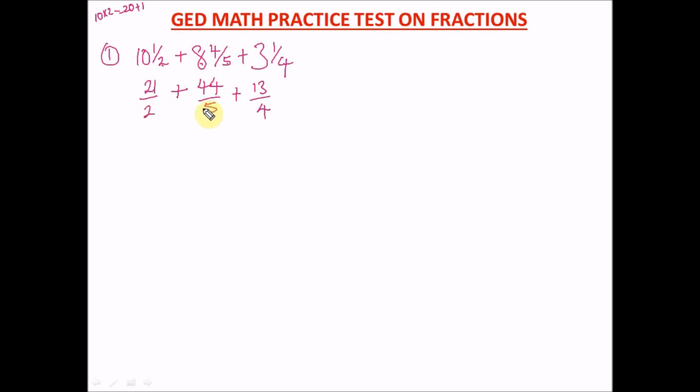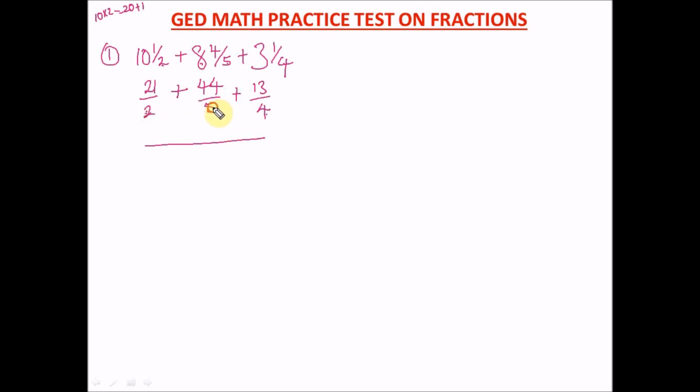That's the least common multiple of these numbers: 2, 5, and 4. So we'll draw a line here. What's the LCM of 2, 5, and 4? The easiest way to get your LCM is to multiply two of the denominators together, then see if every denominator has a multiple in that answer.